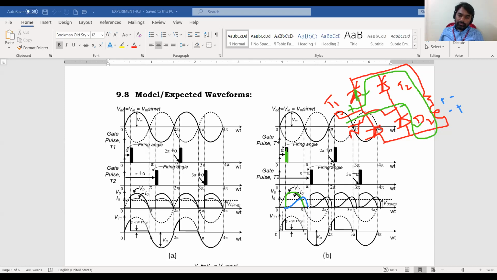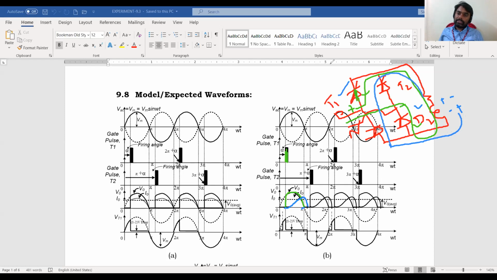So just after this point, omega t equal to pi onwards, this thyristor T1 and D1 are subjected to reverse voltage across them, because the load voltage has to become reverse at this particular point. But during that interval, the inductor is discharging. So the current always leaves from the positive terminal. Now, instead of flowing the current through D2, which will be in reverse bias condition just after omega t equal to pi, it will take the path through D1 and T1.